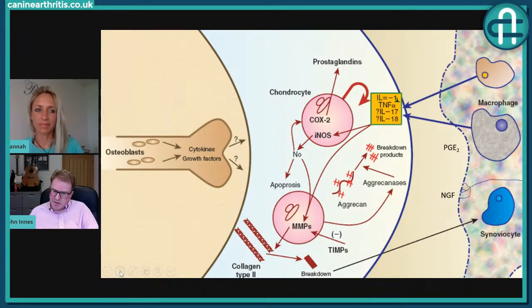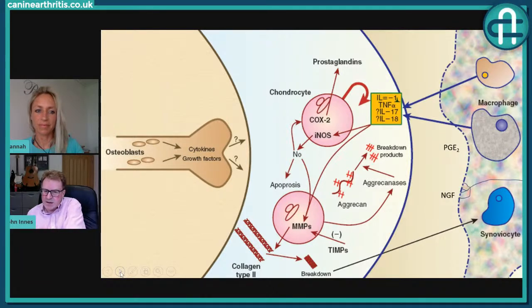But as part of that process, molecules are released from the cartilage, which then bind to receptors on the joint capsule, the synovium. So on the right-hand side, you see the cells of the synovium, and they're detecting those molecular messengers. And those cells in the synovium are responding and producing inflammatory mediators, which ultimately lead to pain.